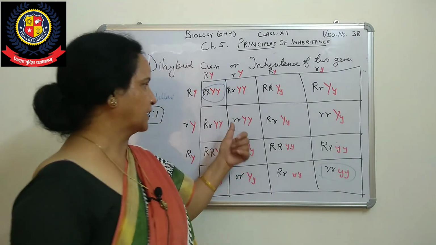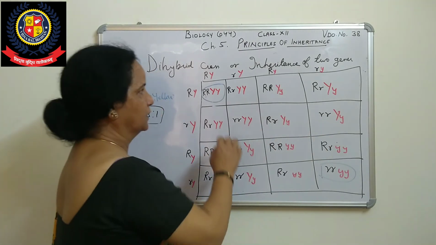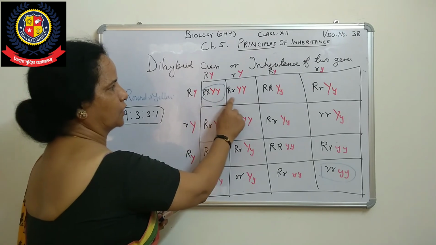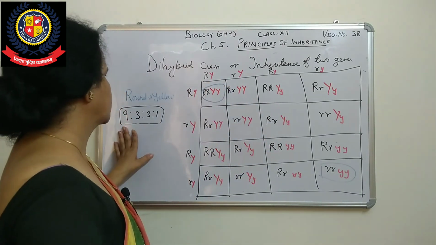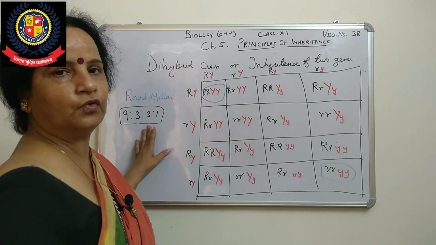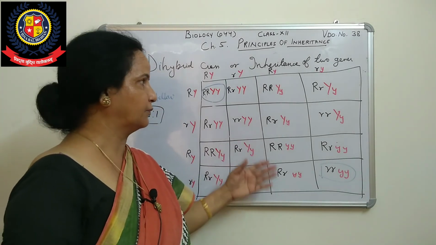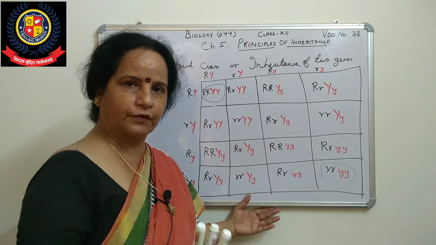Then you can write the characteristics in small letters. You can write here which characters are there. Just like this one, you will write round and yellow, and then observe that we have got the ratio 9:3:3:1. This is given by Mendel. When we talk about genotype, there are many types of genotypes, so it is very difficult to find the ratio.